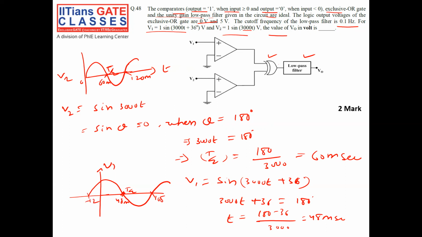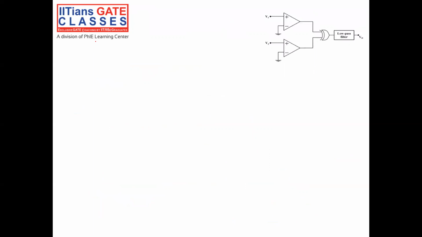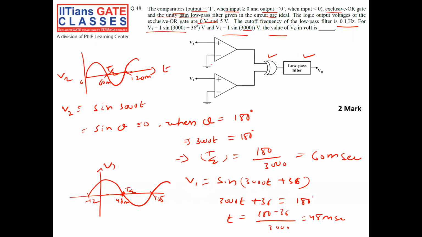So it will start like this. So V1 is like this, V2 is like this. Okay. Now plot V1 and V2. Let's take a plot. Let's first plot V2.